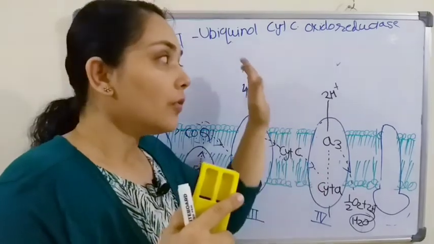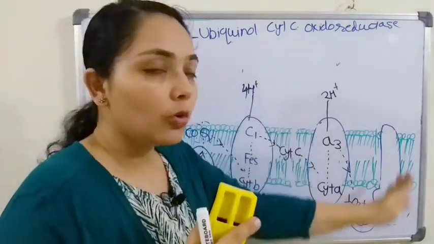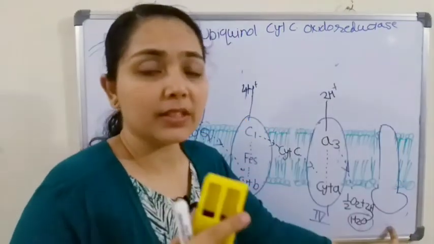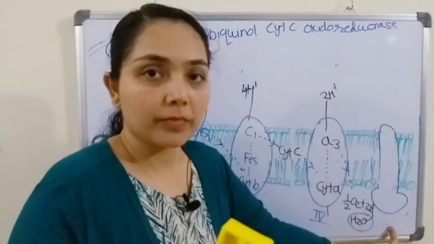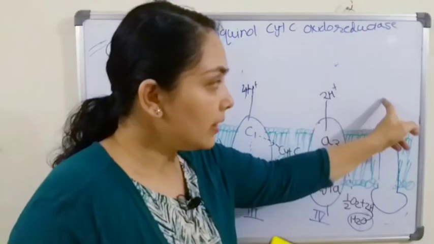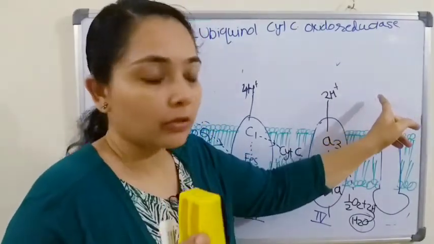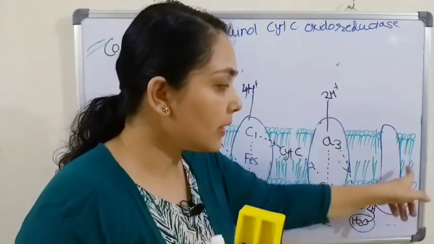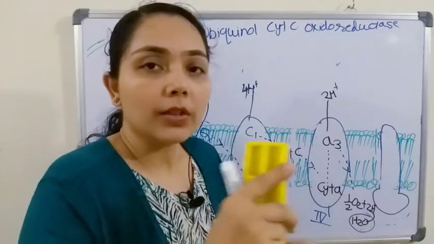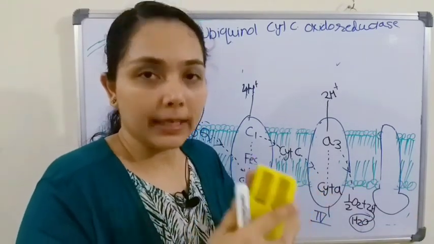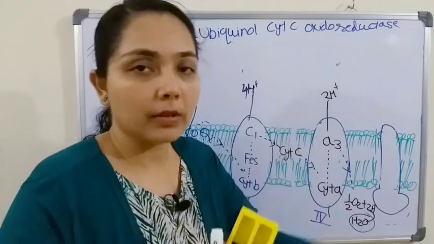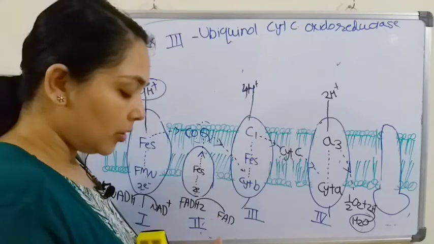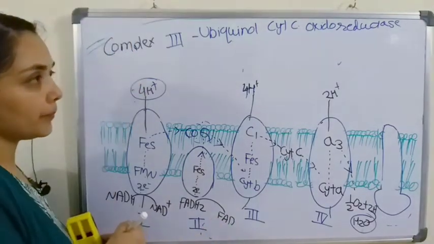So from high concentration to low concentration, the protons will move through the 5th complex, that is ATP synthase. Not electrons, but protons: when these protons move from the intermembrane space to the matrix, ATP synthase helps in the generation of ATP. That we will talk about in the next class. Right now, you just remember one thing.